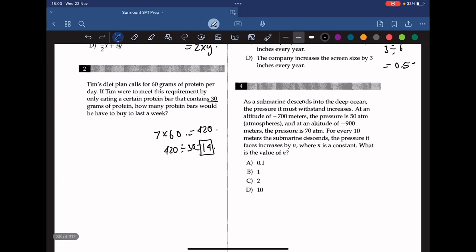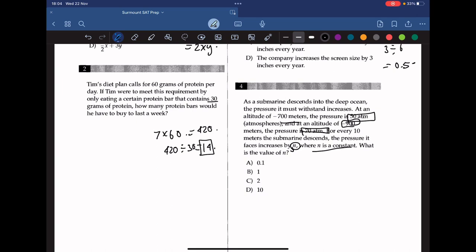As a submarine descends into the deep ocean, the pressure it must withstand increases. At a depth of 700 meters the pressure is 50 atm, and at 900 meters, the pressure is 70 atm. For every 10 meters the submarine descends, the pressure it faces increases by n, where n is a constant. So we need to find n.